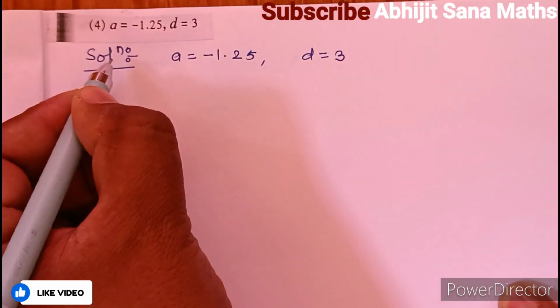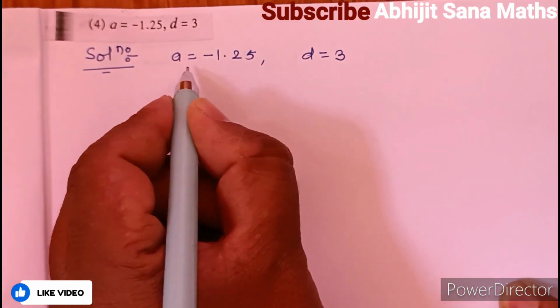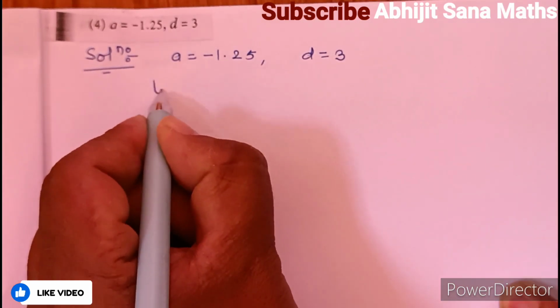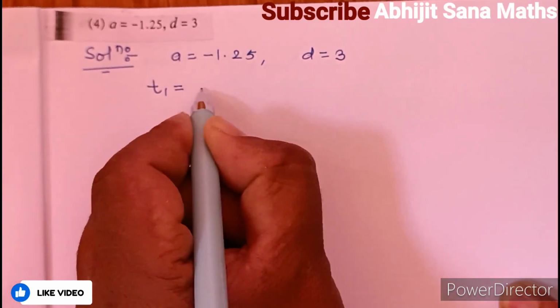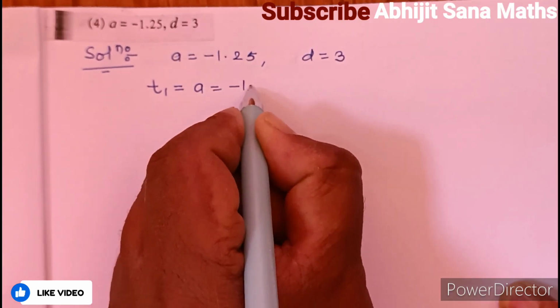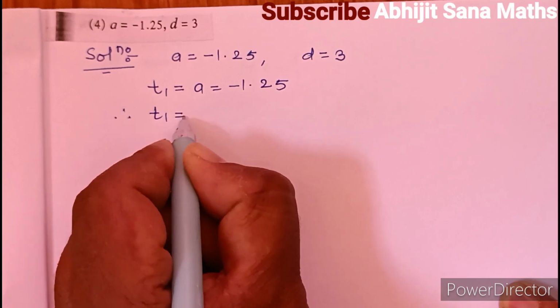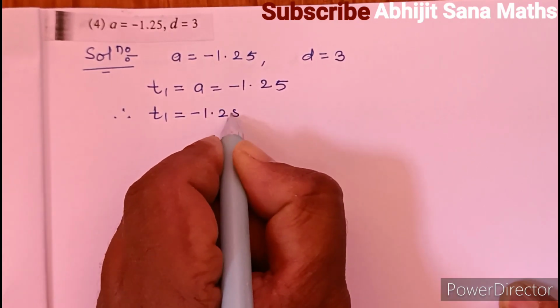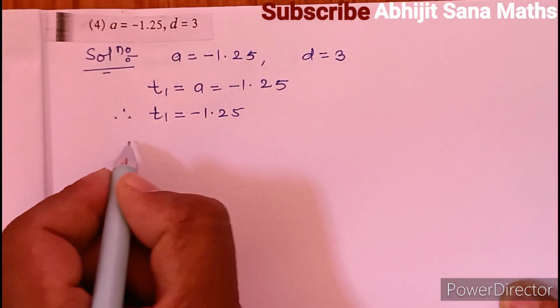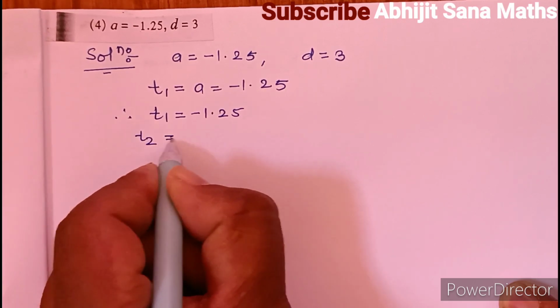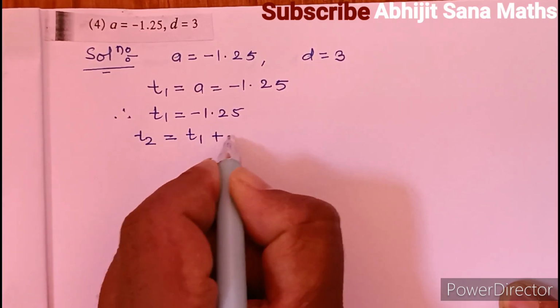Next question, that is a equals minus 1.25 and d equals 3. Now here in the solution part we have written the values of a and d. That is t1 equals a equals minus 1.25. Now we have to find the value of t2. The formula is t2 equals t1 plus d.